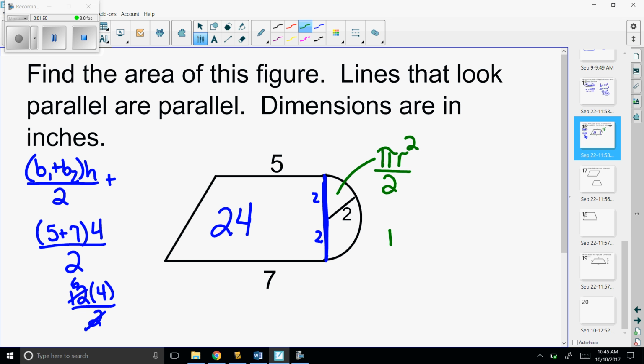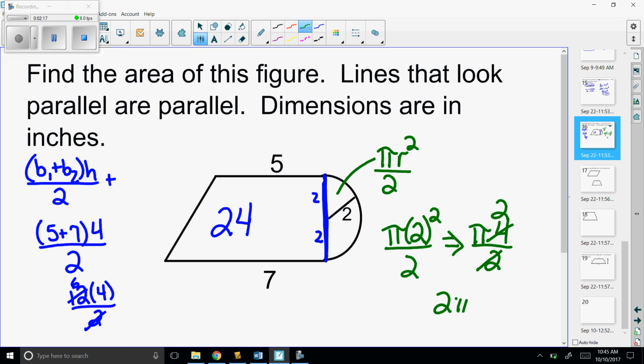The radius is 2, so I have pi times the radius, which is 2 squared, divided by 2. 2 squared is 4, so I have pi times 4 divided by 2. You have to square the radius before you divide. Order of operations says you do your powers before division. 2 goes into 4 2 times, so that gives you a value of 2 pi. So the area of my semicircle is 2 pi square units.